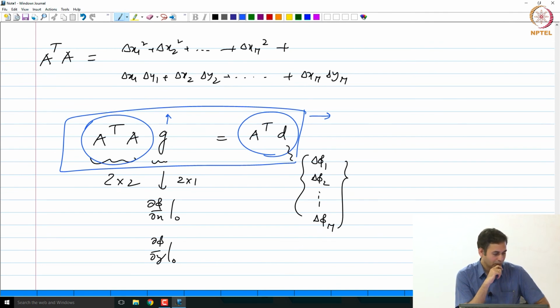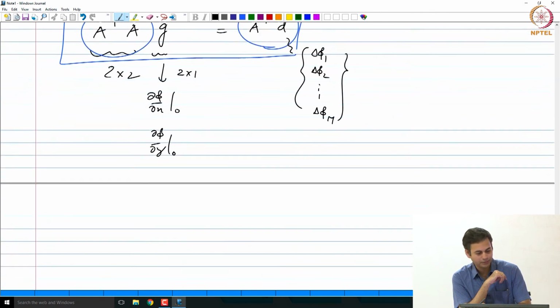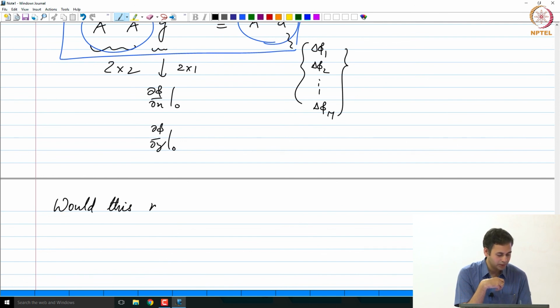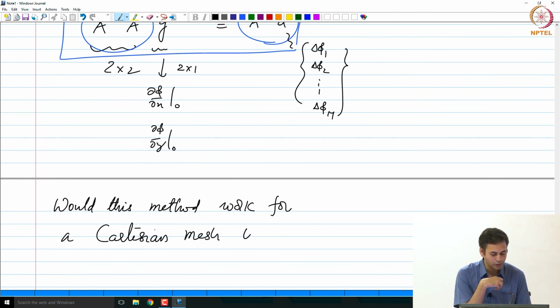Now, what would happen, will this actually work for, let us say, a structured rectangular mesh, would it actually work? Would this method work for, let us say, a Cartesian mesh that is also uniform?